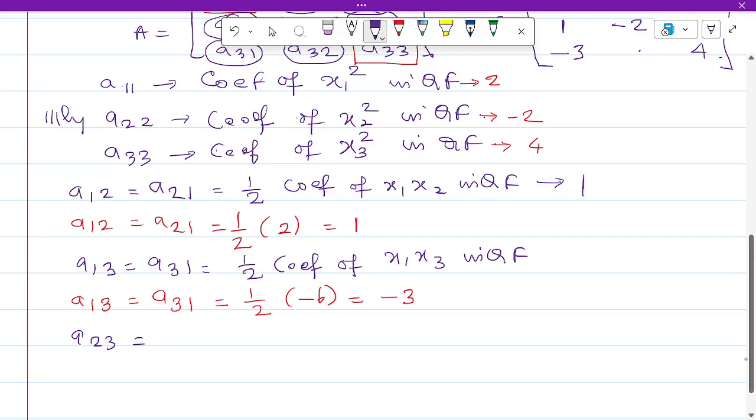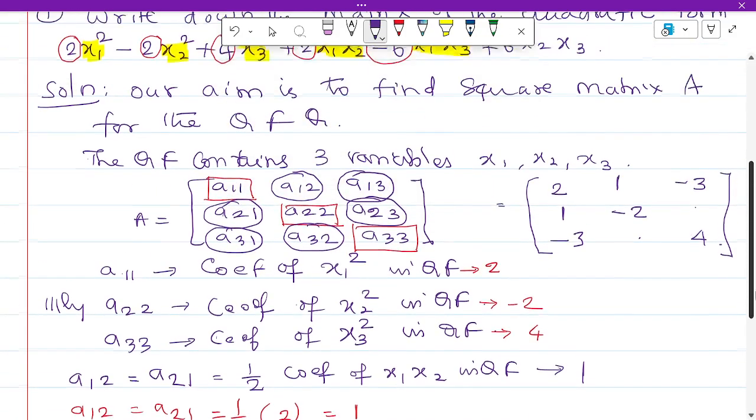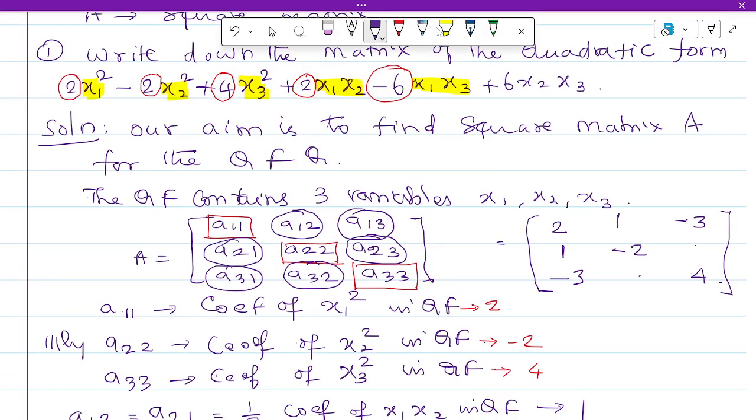A23 and A32 position will take 1 by 2 of the coefficient of x2, x3 in the quadratic form. So here x2, x3 is here. What is the coefficient? 6 is the coefficient.